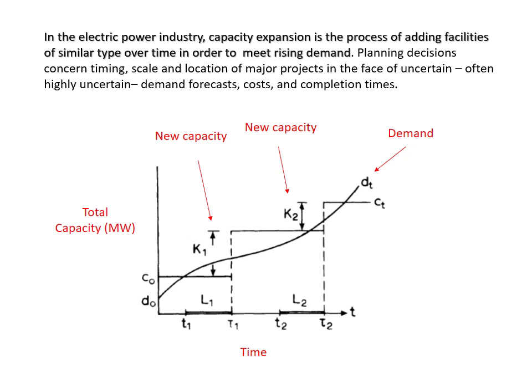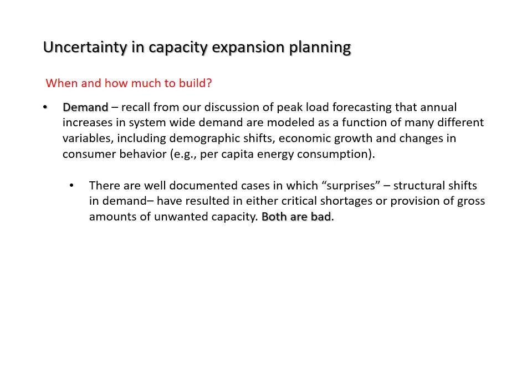And really what we want to do is try to follow this line of increasing demand, if it's increasing, and really minimize the severity of times when we have too much or too little capacity, because both situations are pretty bad. So we will have to figure out when and how much to build, and a big part of that is tying generation capacity expansion to forecasts of demand.